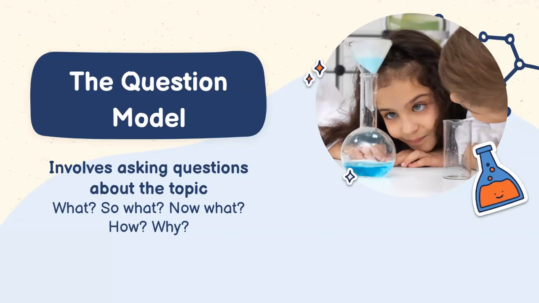In terms of preparation, I think the question model is the most convenient. It is the easiest, but in some way, it is one of the hardest because you need to think and you need to ask these questions. So let us practice.